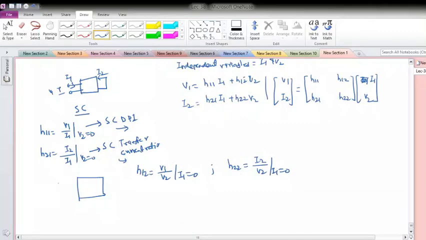Here I1 being 0 means I open circuit port 1 and measure I2 and V1. So these are my open circuit parameters, because I am applying a current source and I know V2 here. What will be H12? V1 upon V2. And what is this? This is again dimensionless. So this is the transfer voltage ratio.